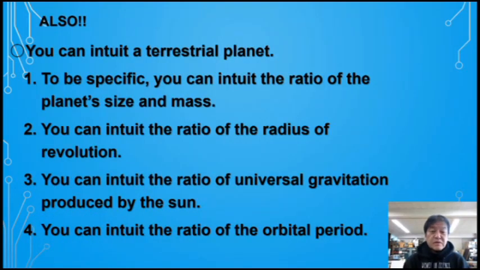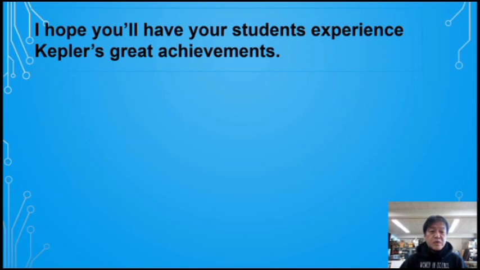Also, when you get the planet models, you will be able to intuit the ratio of the size, mass, revolution radius, and universal gravitation of each planet. I hope you will encourage your students to experience Kepler's great achievements.